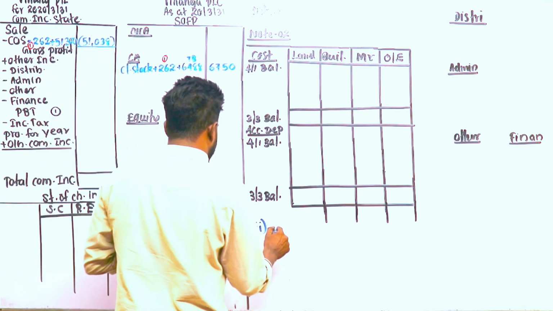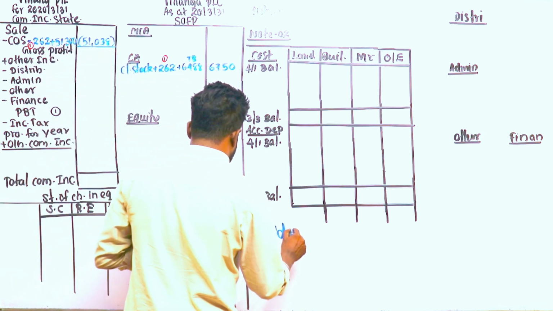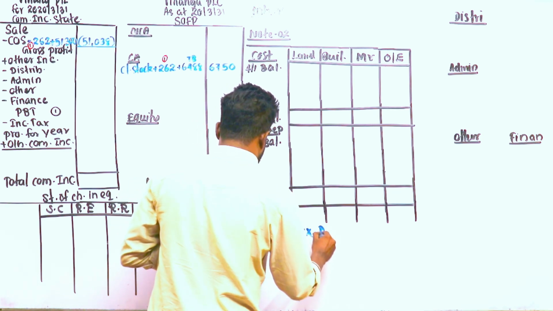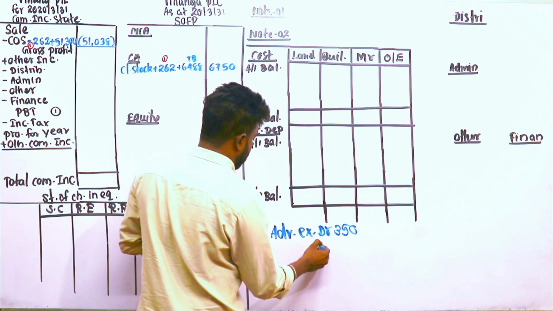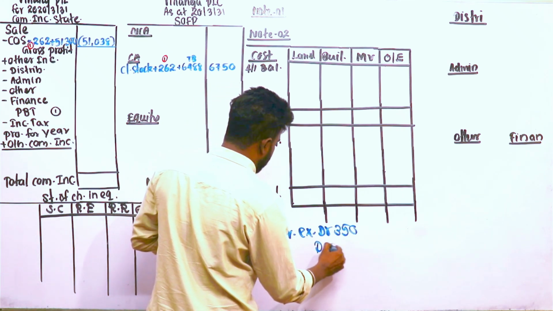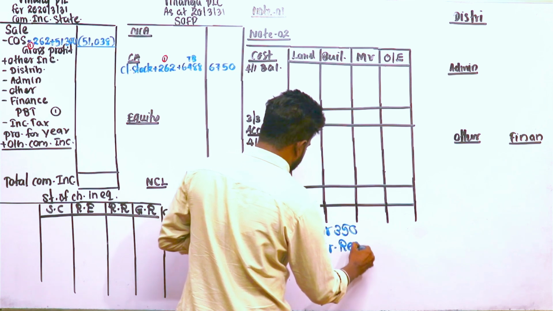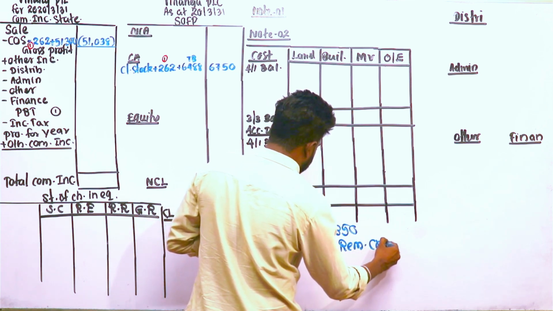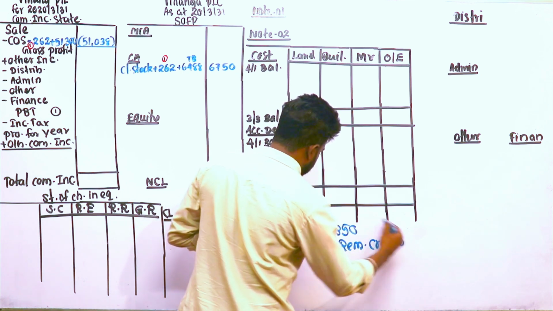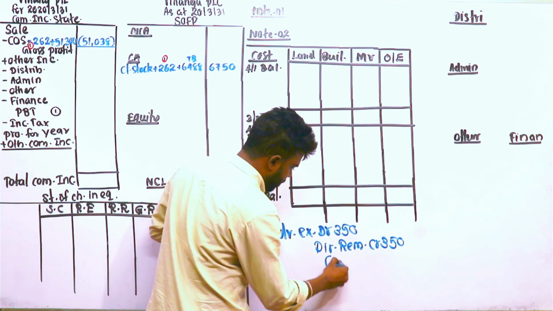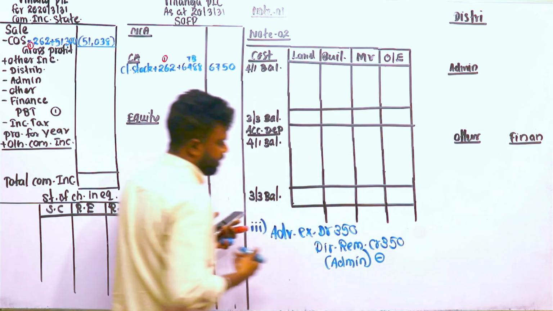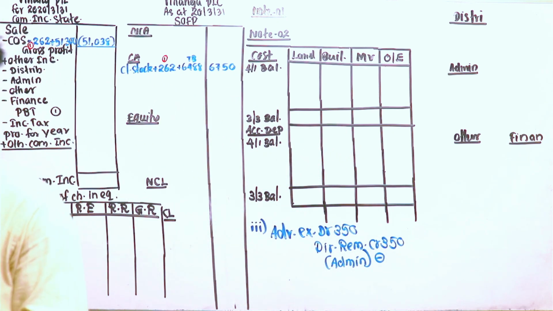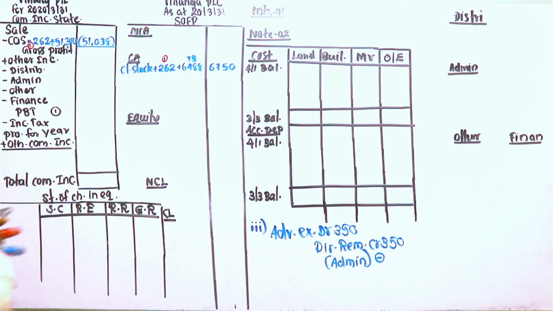This is the adjustment entry. Advertising expense debit 350. You have to deduct it from directors' remuneration. But this is included in the admin expense, so you have to deduct it from admin expense. Understand? Deduct it from admin. Clear?